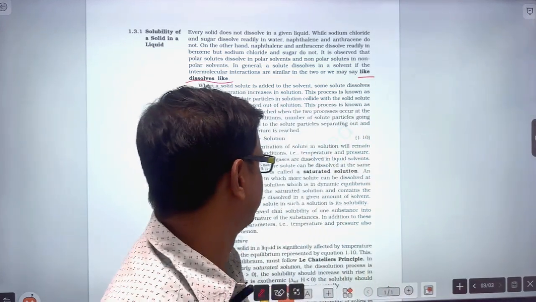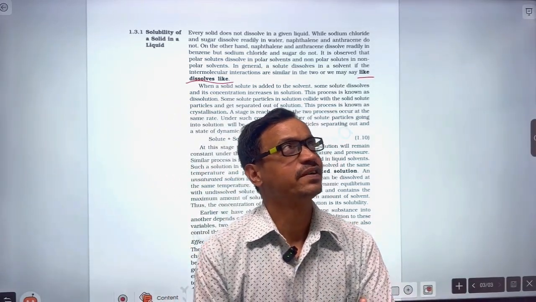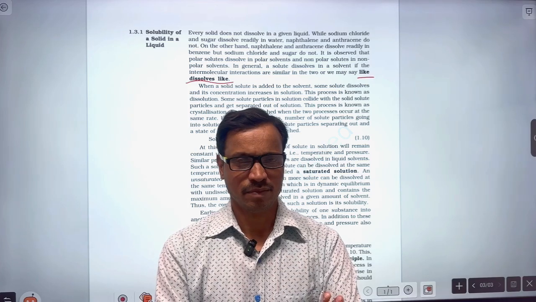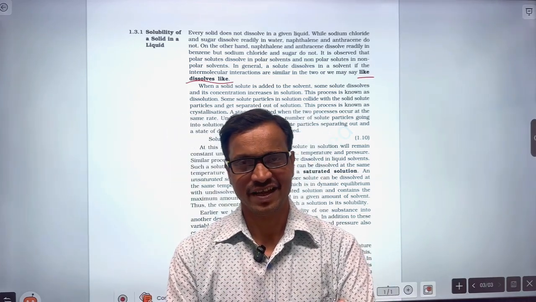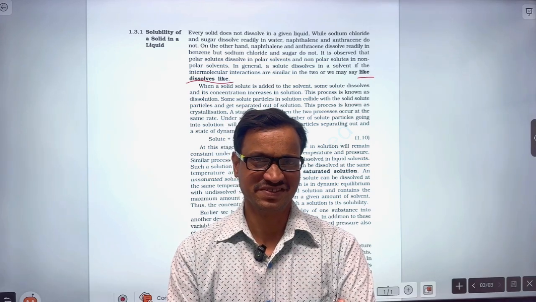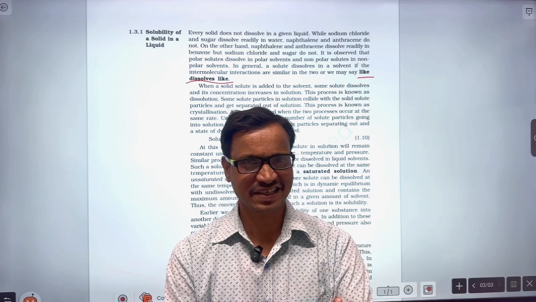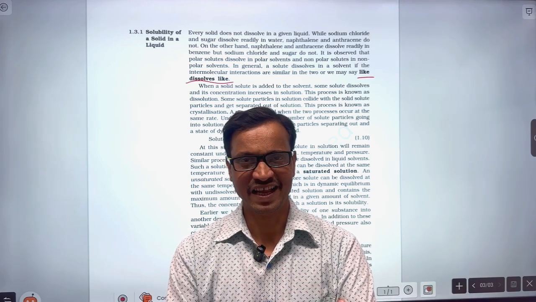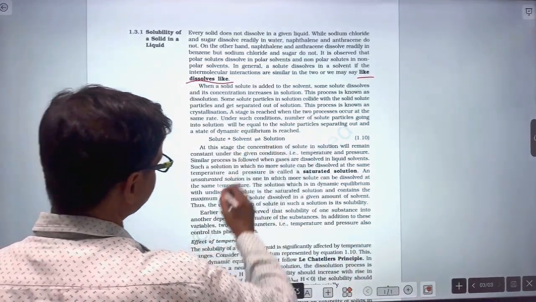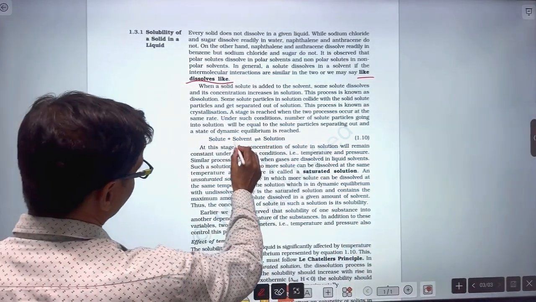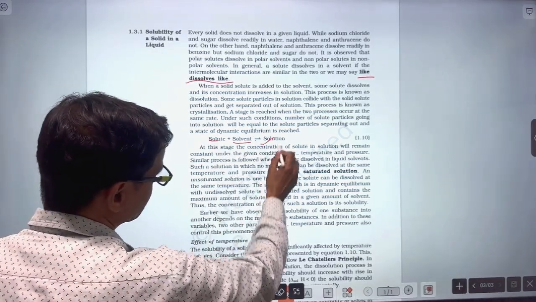So naphthalene ball is soluble in organic solvent. So like dissolves like means a polar solute will be soluble in a polar solvent, and a non-polar solute will be soluble in a non-polar solvent. Here the solvent will be the liquid and the solute will be solid.